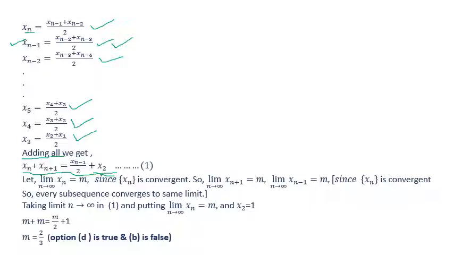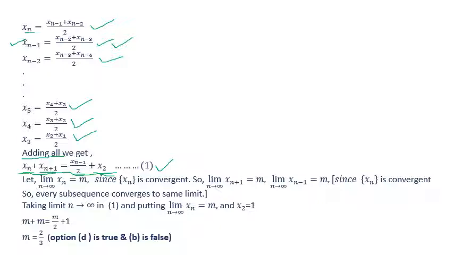This is actually a simple calculation, that's why I skipped it, and you may verify it by taking the sum of the left hand side as well as the right hand side. All terms cancel, and the remaining terms will be xn plus xn plus 1, and this is xn minus 1 by 2 plus x2, right? So this is just a simple calculation, you may check it.